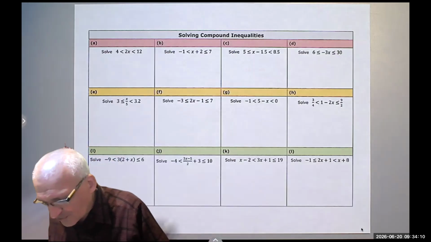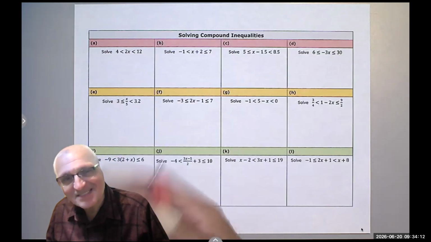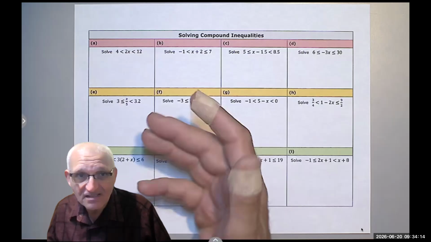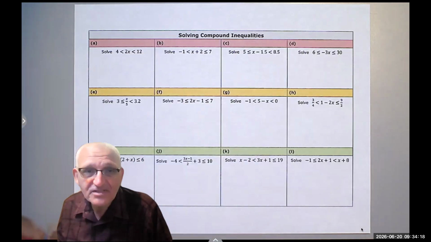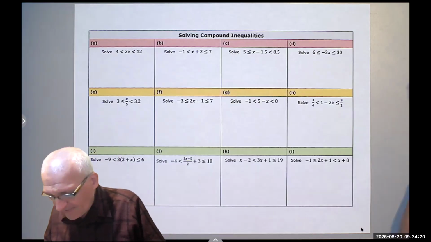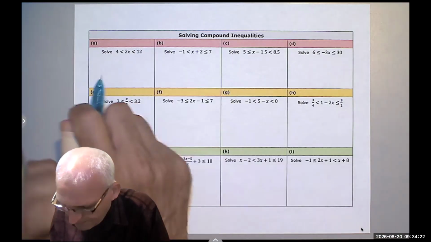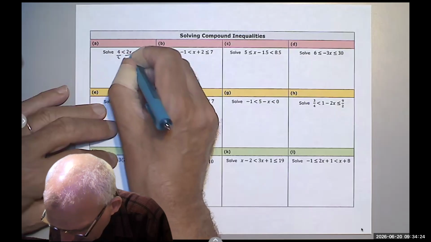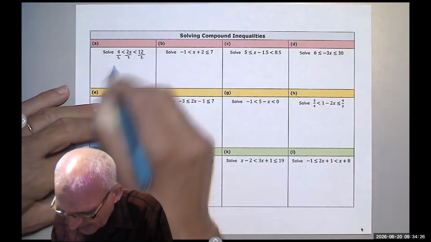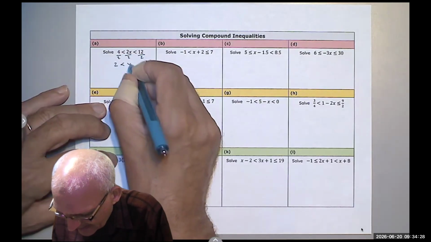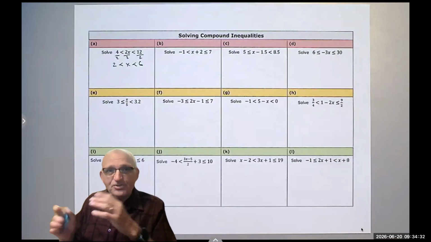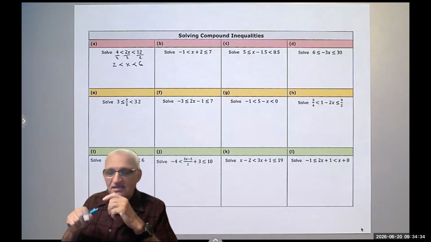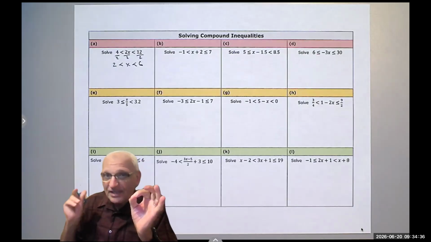Like when I look at the first inequality, we always start with very easy stuff. So we see that all these numbers are divisible by 2, so I can simplify by dividing all three pieces of the inequality by 2. So I get 2 is less than x is less than 6, and I'm done. So x is somewhere between 2 and 6, can be anything between 2 and 6, but not 2 and not 6.